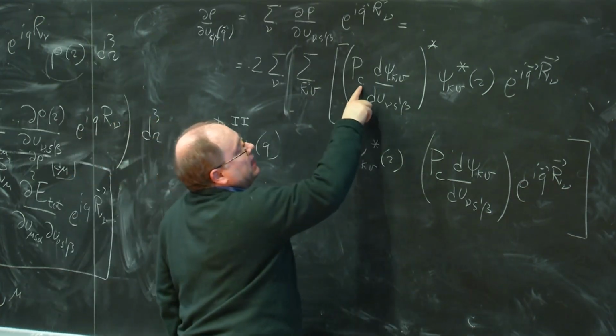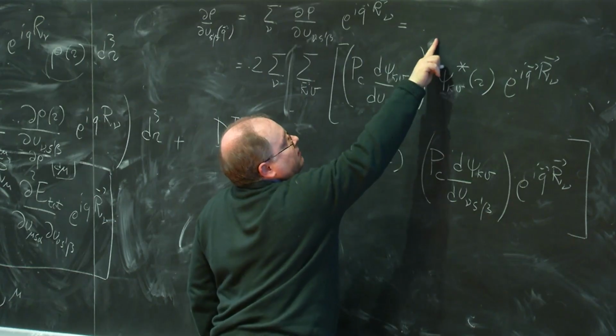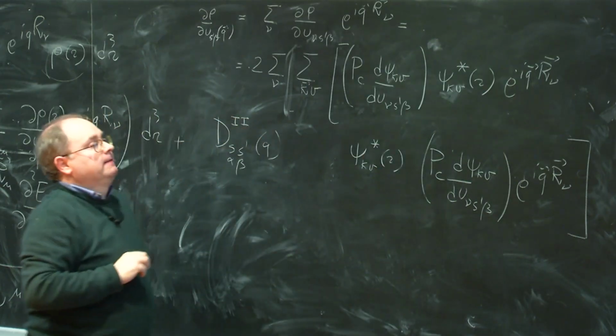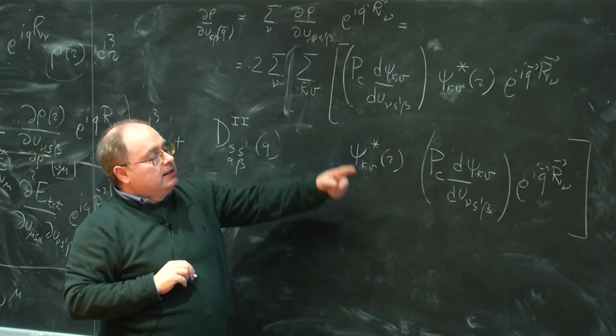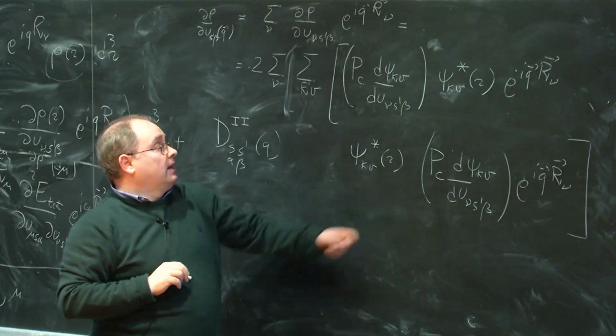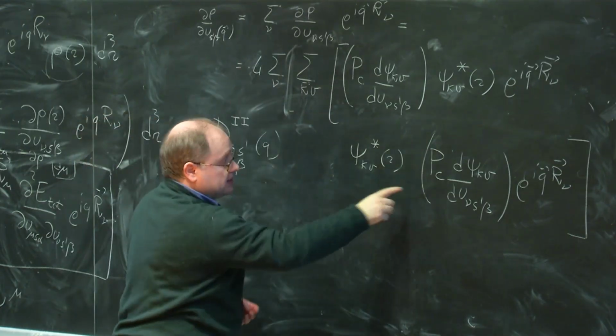And this will become a psi kv without the star. And so you see what happens, that this term is equal to this. And so I can write here 4 times the last term.